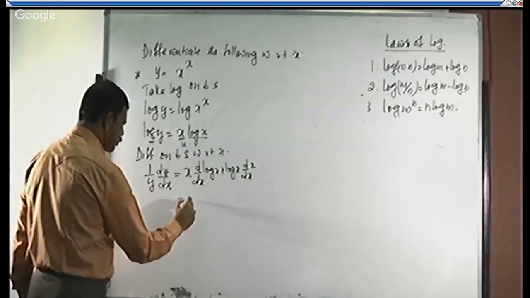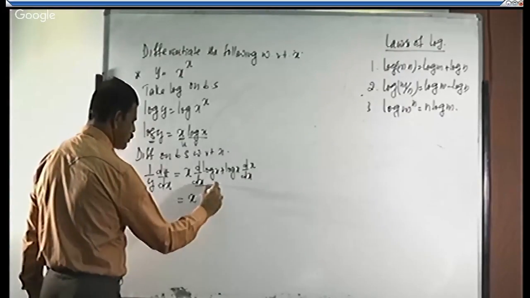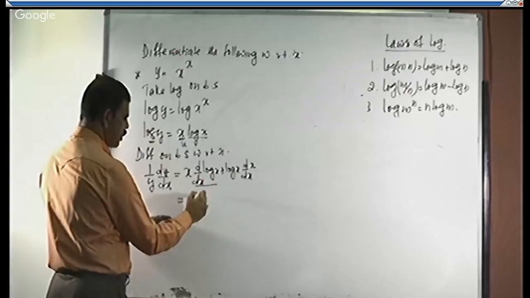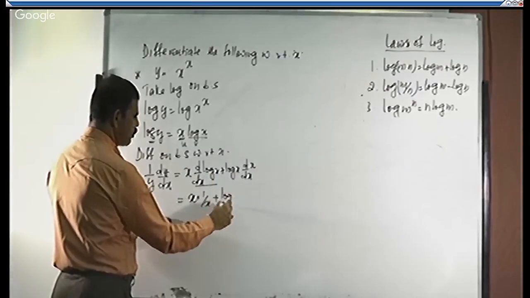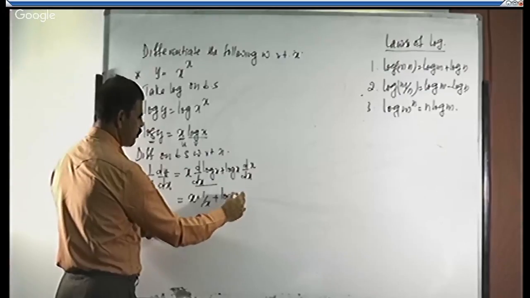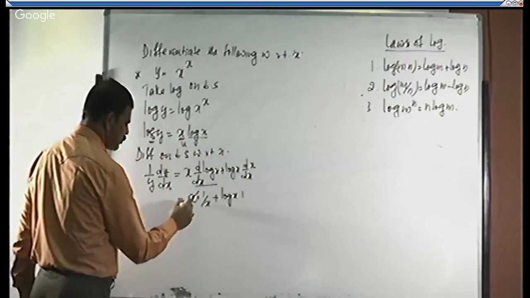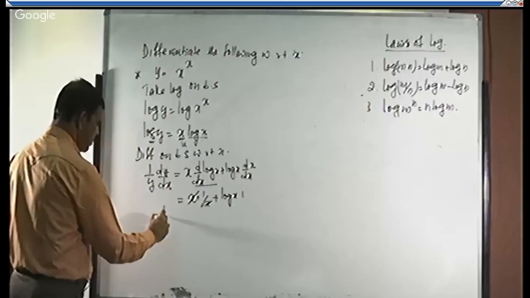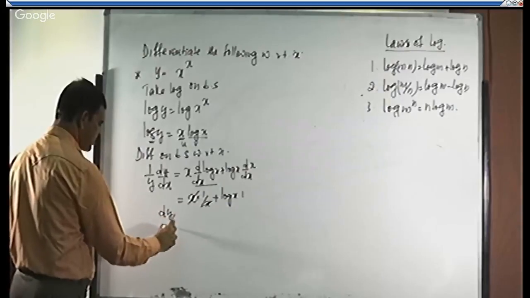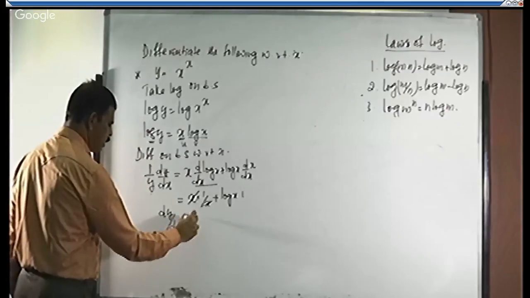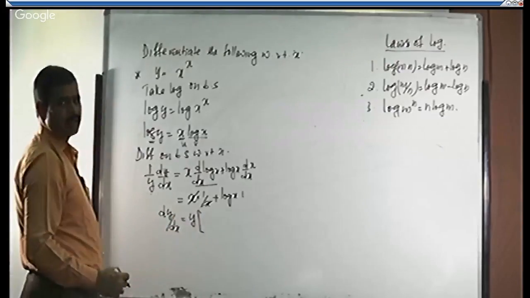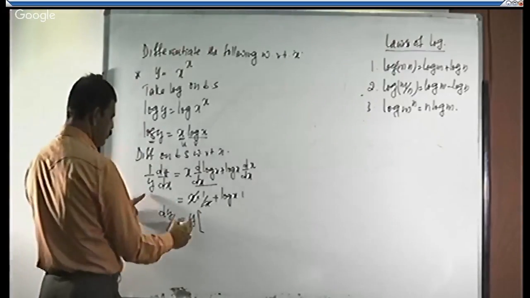In the next step, wherever we have dy by dx, differentiate it. Differentiation of log x is what? 1 by x, plus log x into differentiation of x is what? 1. This x gets cancelled. Therefore, dy by dx is equal to, so 1 by y becomes what? It is y by 1 on the other side, right? So y by 1 is y into.